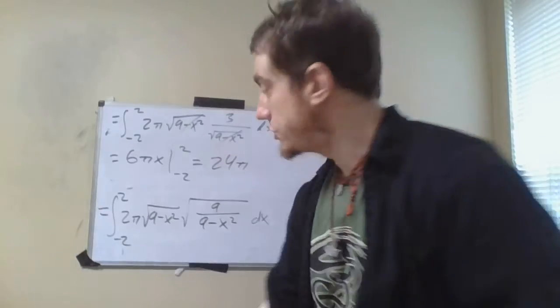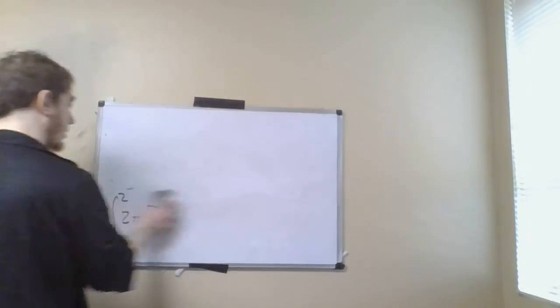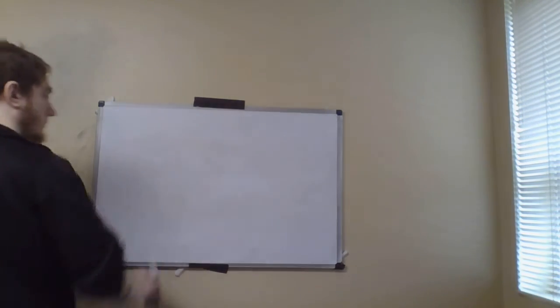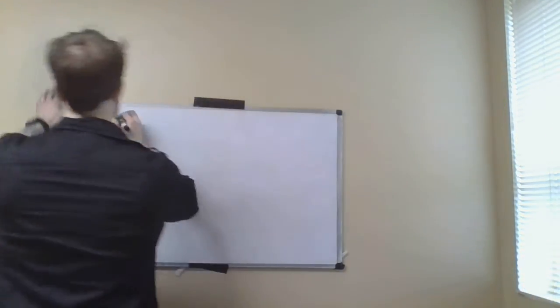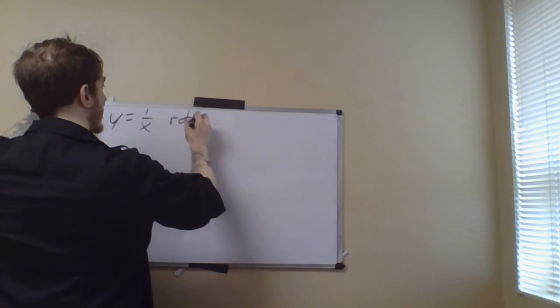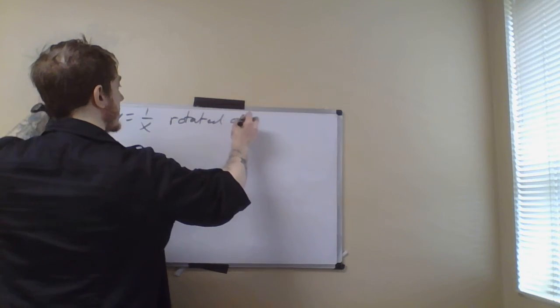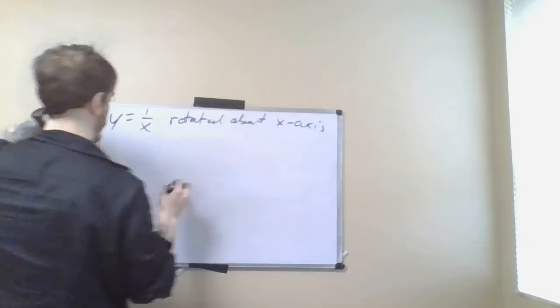Yeah, here we go. So this is an object known as Gabriel's horn. And the object is the curve y equals 1 over x rotated about the x-axis.